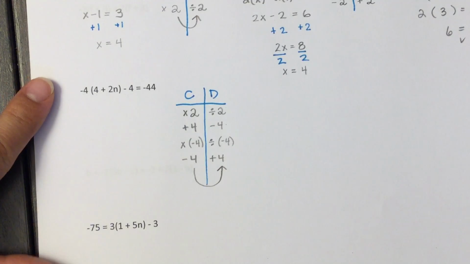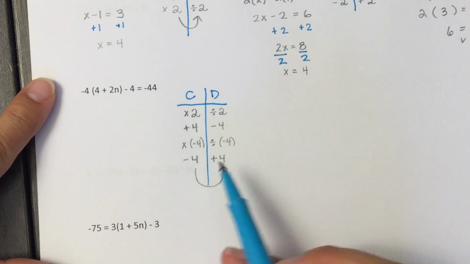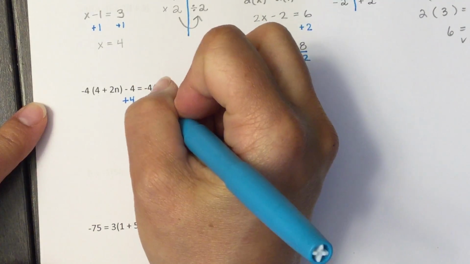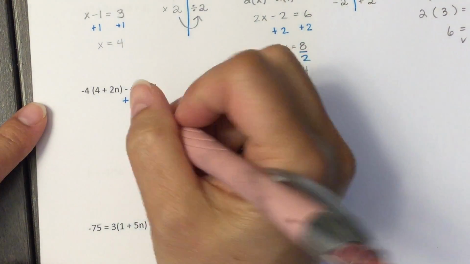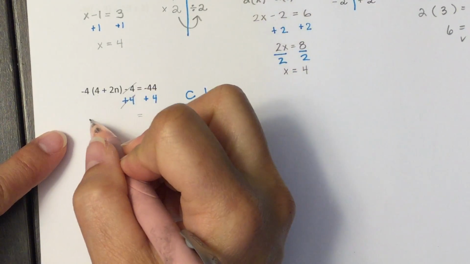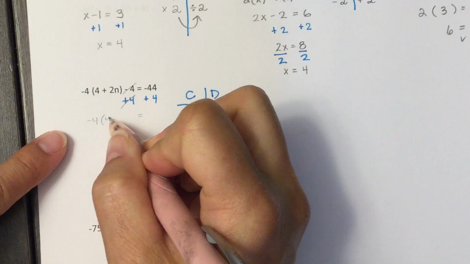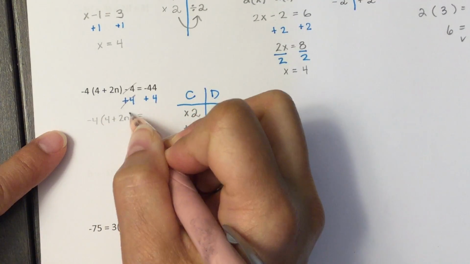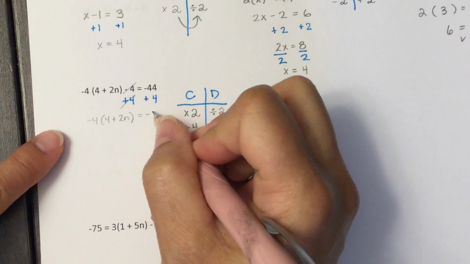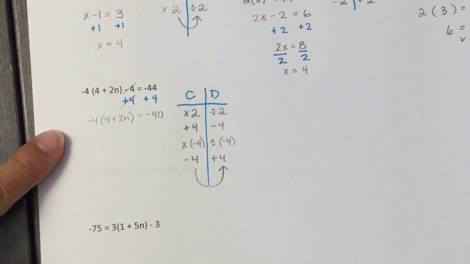The first thing we want to do is add 4. So I'm going to add 4 to both sides. This cancels out, so I'm left with negative 4 times 4 plus 2n. And negative 44 plus 4 is just minus 40.